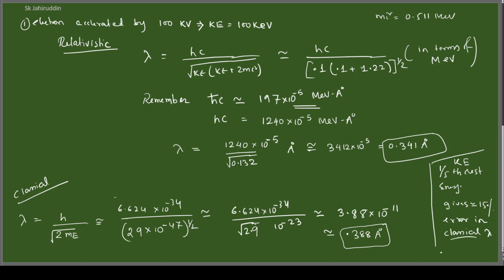Okay. And if you do any calculation beyond that 100 keV of kinetic energy, you'll of course always use the relativistic result. You don't use the classical result.